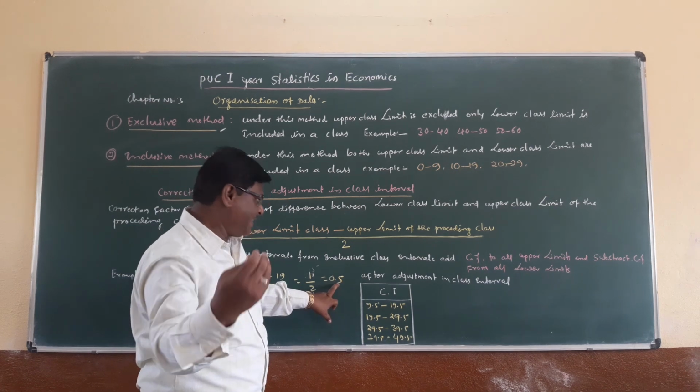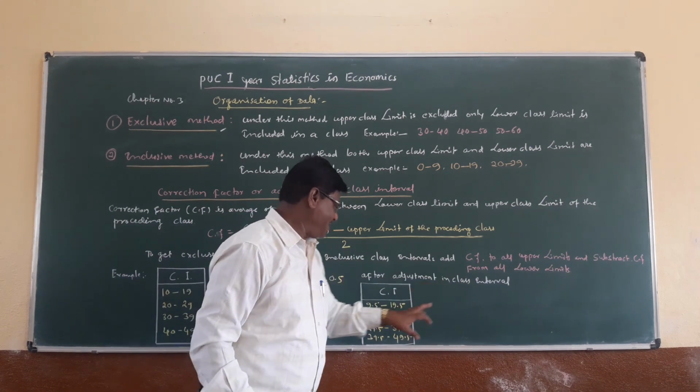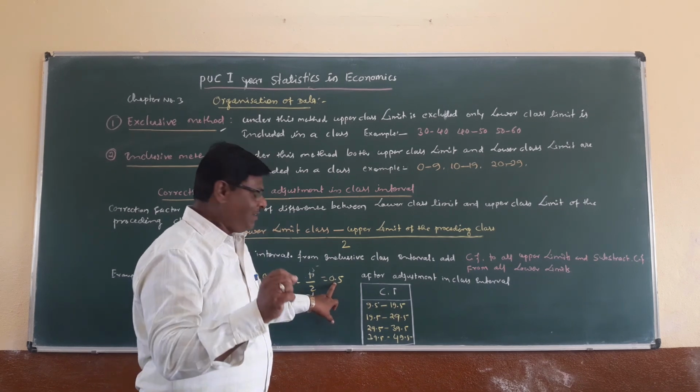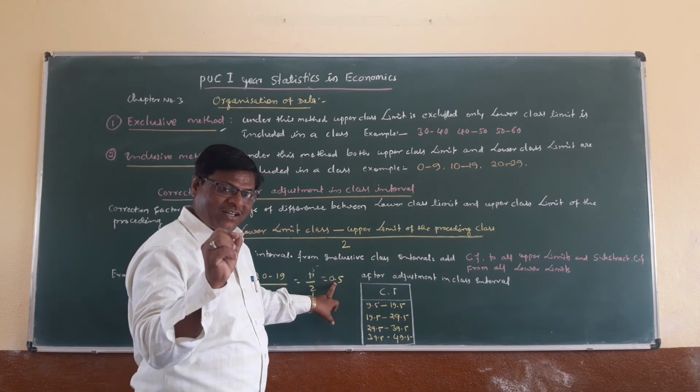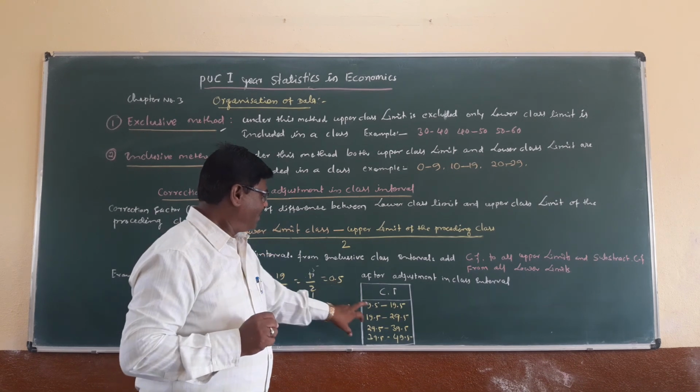After the adjustment in class intervals, it is 10 minus 0.5, which is 9.5.